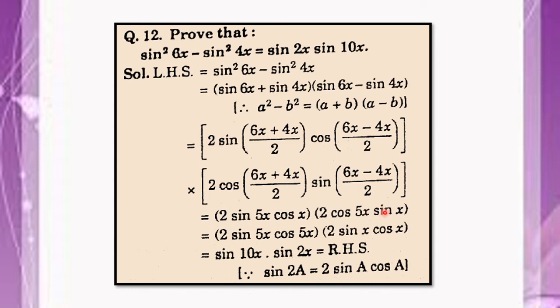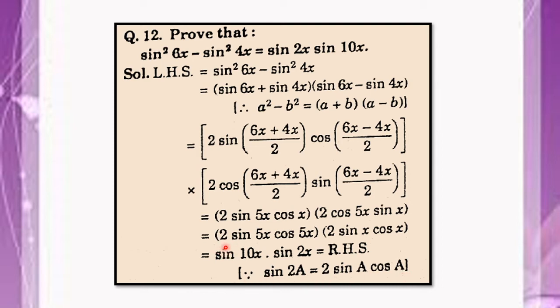Now everything is in multiplication. We can rearrange the terms. We can write down 2 sin 5x cos 5x here and 2 sin x cos x in the other bracket. Now again we know one formula we have just done in this video only. Sin 2x is equal to 2 sin x cos x, right?